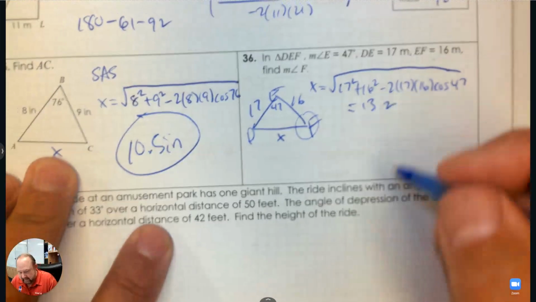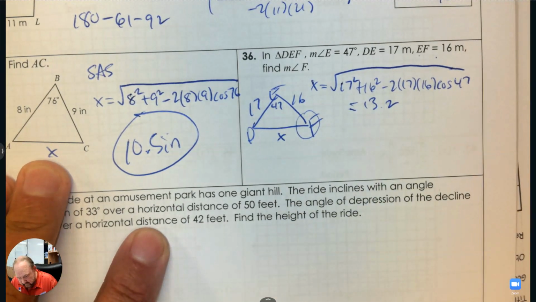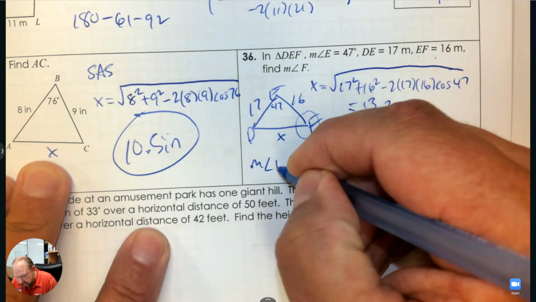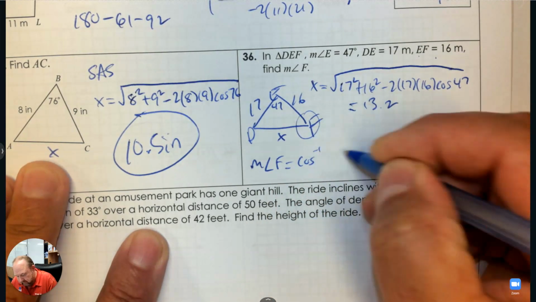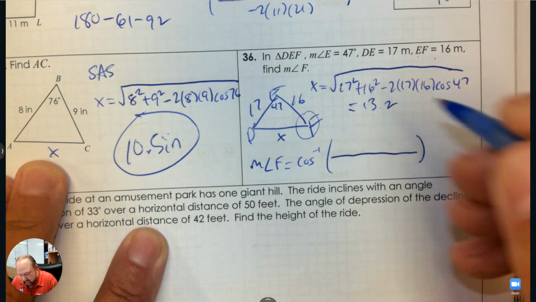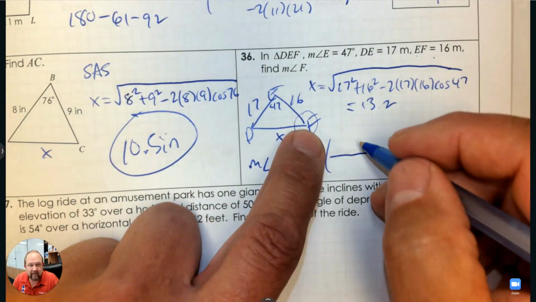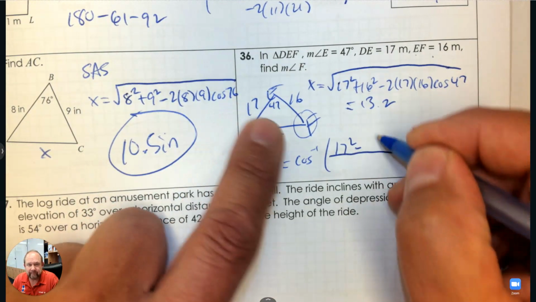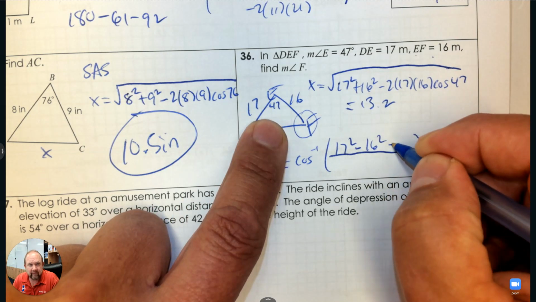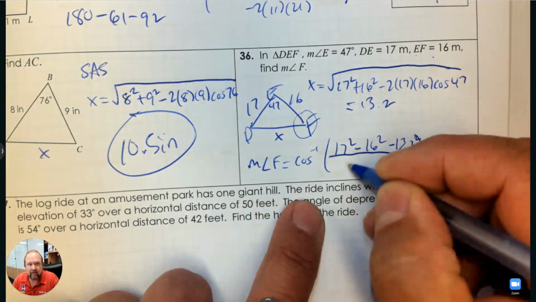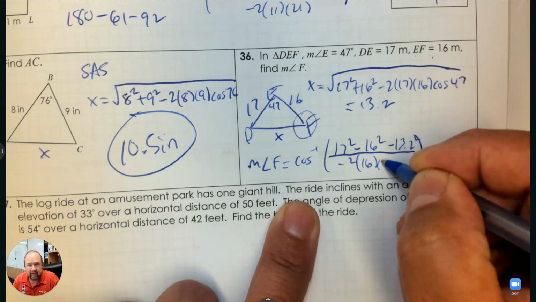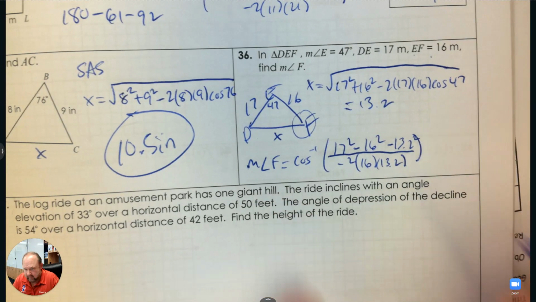Then, once I have that, I can find the angle that I'm looking for. So to find angle F, inverse cosine, I now know all three sides. So for F, opposite is 17, then it's 16, then it's 13.2, and then -2, and then 16 and 13.2, and then type it in.